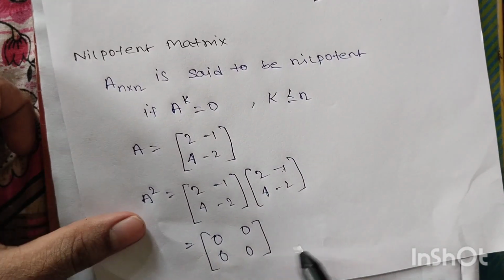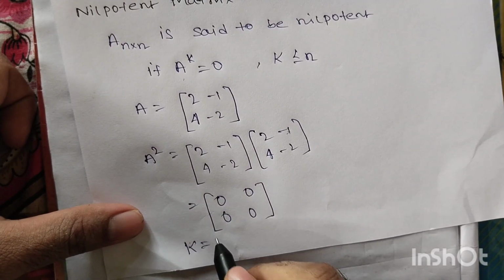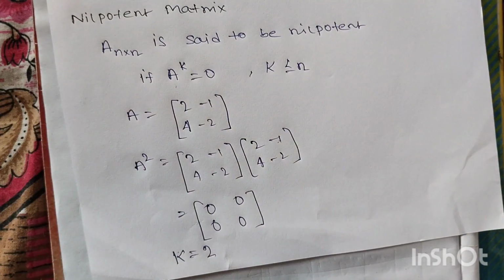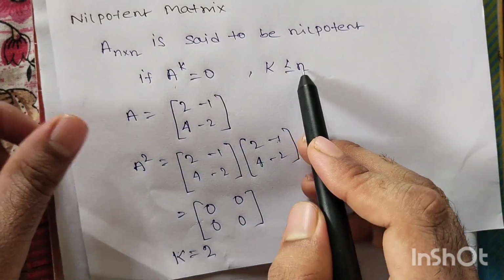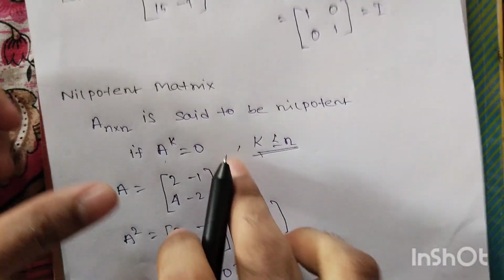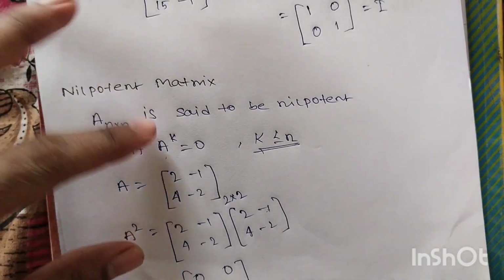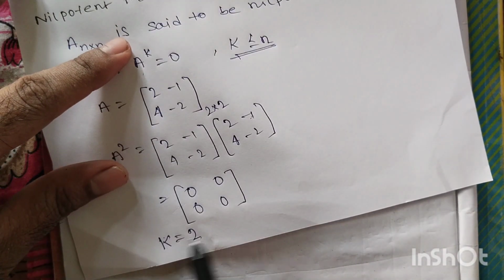So here the value of k is equal to 2. You can get a matrix such that the k value is 3 or 4, but one thing, k must be less than or equal to n. When we take a 2 cross 2 matrix, the maximum value of k should be 2.